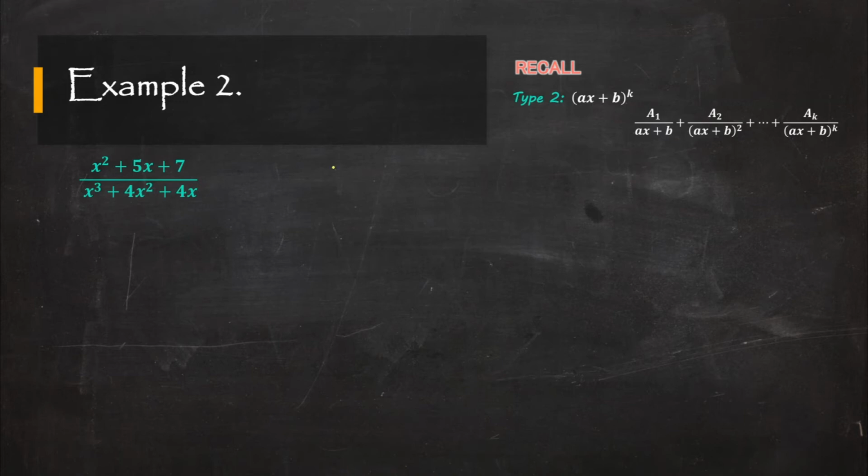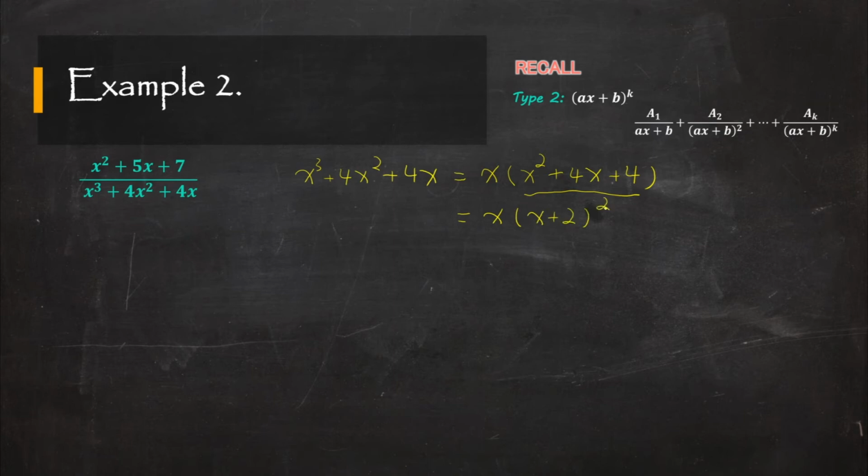And we can see that the common factor here is pretty obvious. I got an x here, right? And then it's x squared plus 4x plus 4. So here is the final expression.